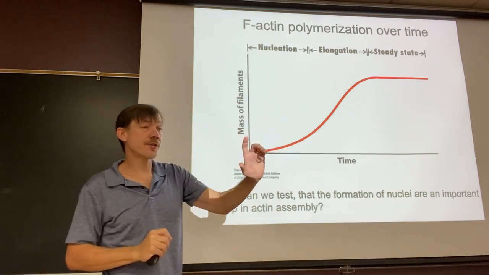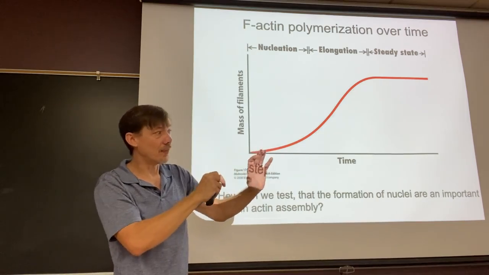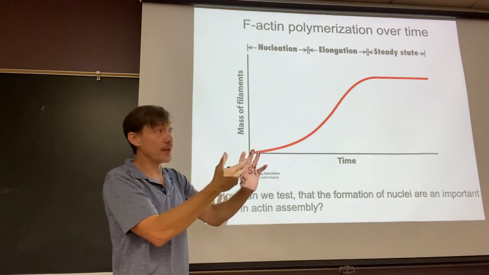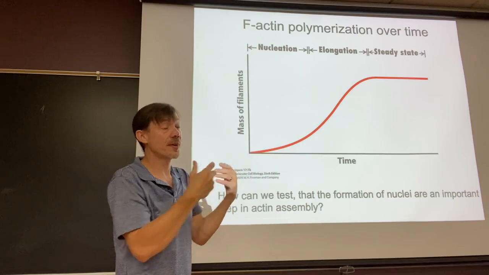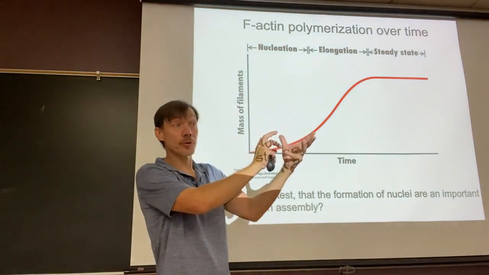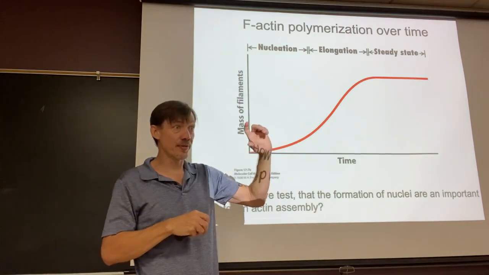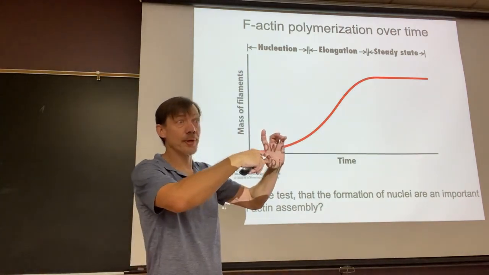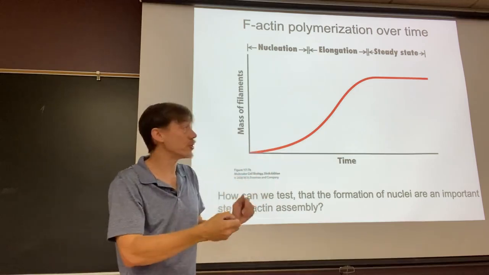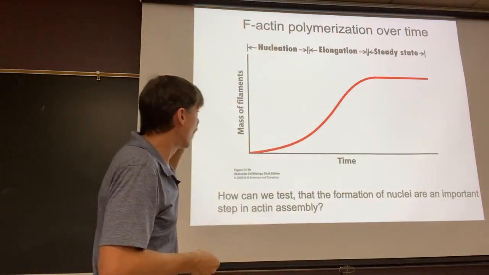We put it in a test tube, and we can actually use light to measure the amount of actin filaments. When actin assembles, it makes solutions look cloudy, which blocks light. So essentially you can take a tube of actin, shine light through it, and based on how much light is transmitted, you can measure polymer mass indirectly.